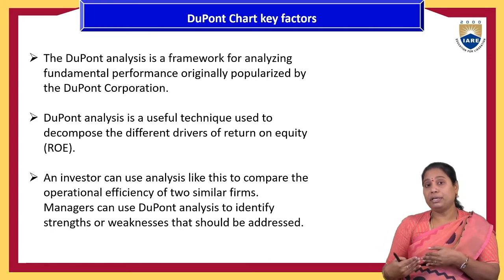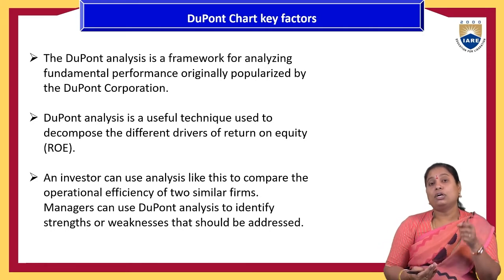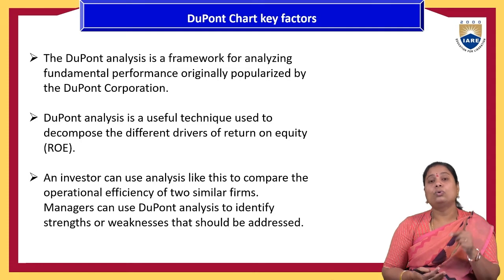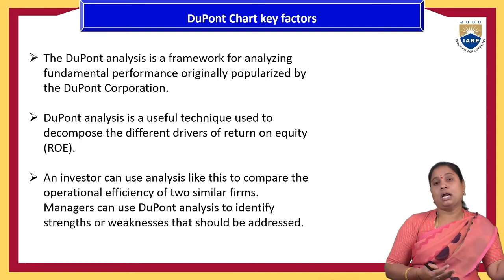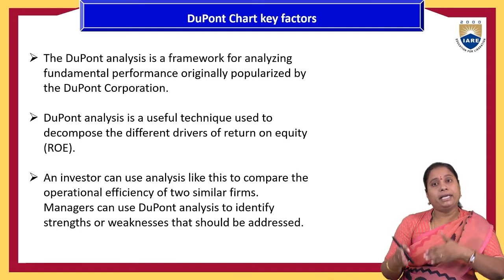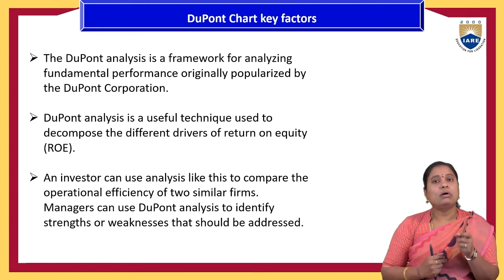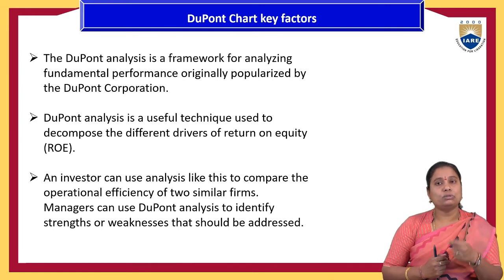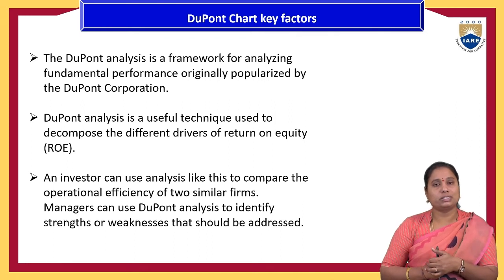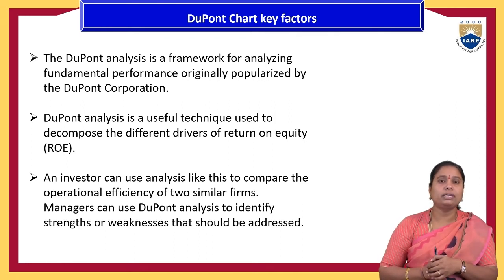At the end of the period, the equity holders who contributed from the start to the end will get the benefit. So it compares all the efficiency factors in the business organization, and addressing the strengths and weaknesses of the organization is called the DuPont chart.